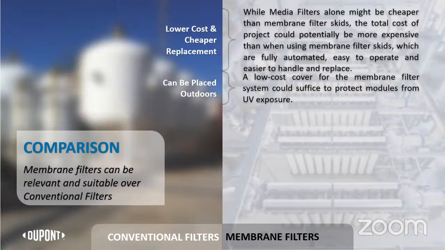As long as there's some UV protection given, it can still be used. So you really don't need extensive or elaborate building construction for these membrane technologies. In fact, some of these depth-based filtrations also need a shelter overhead to avoid algae growth. So something similar provided to membrane filters could also suffice.